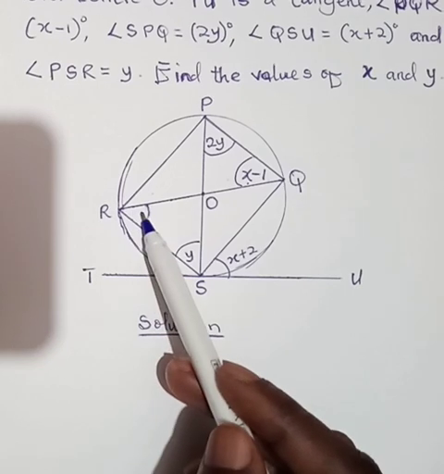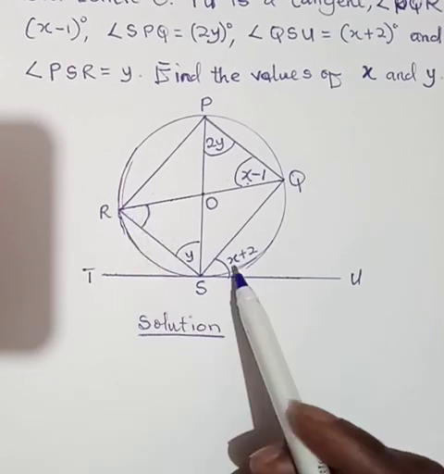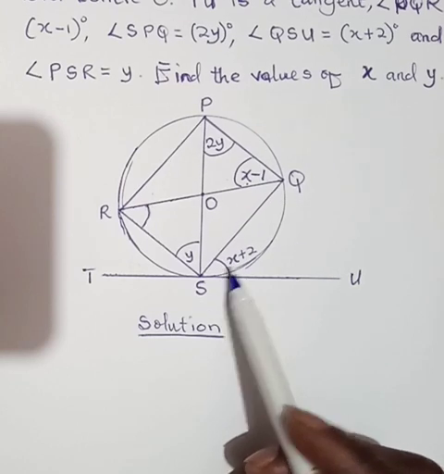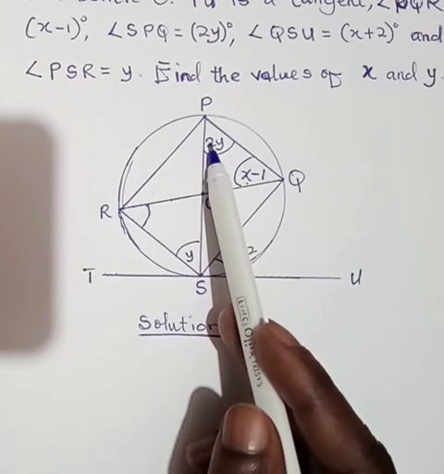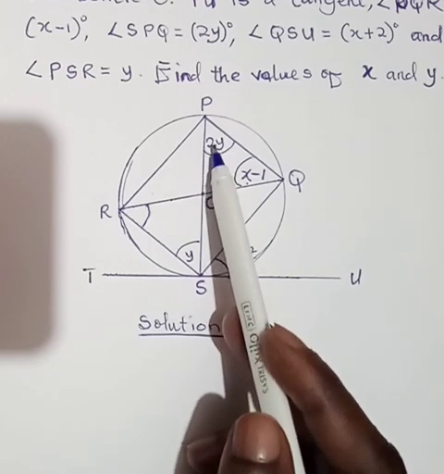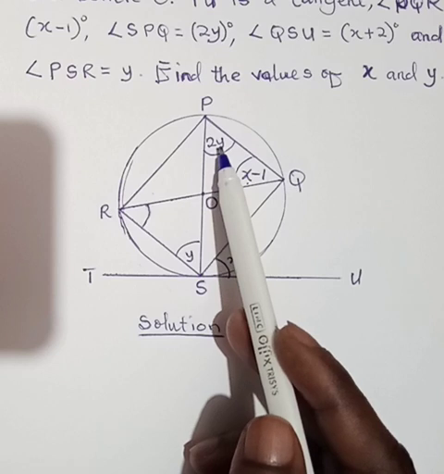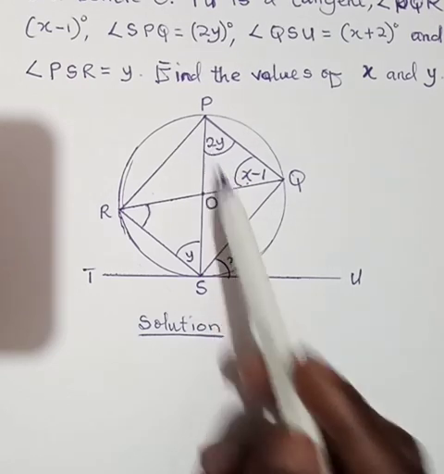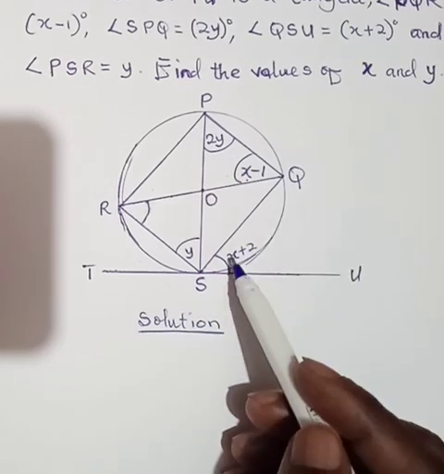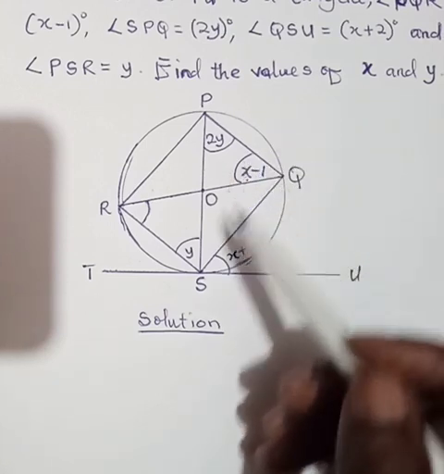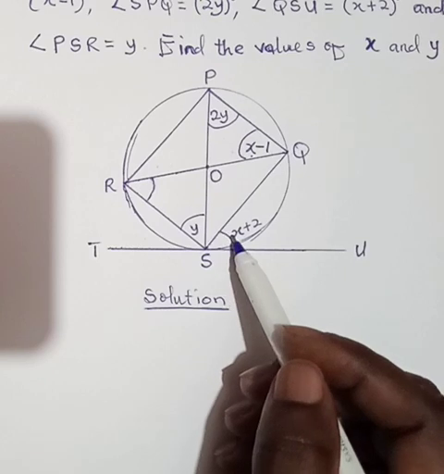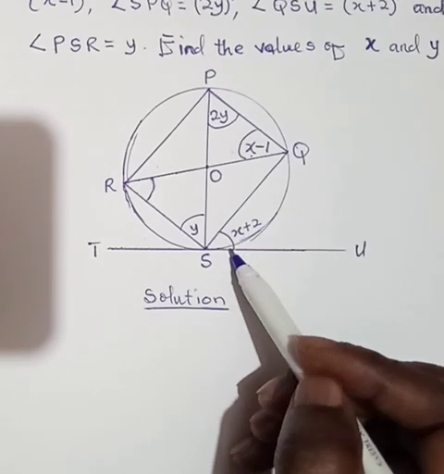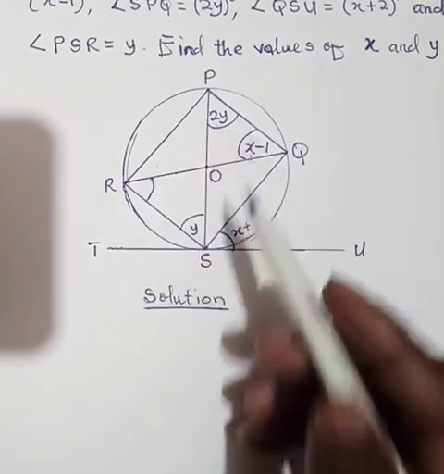The same thing, we can say this angle is also alternate to this angle. That property states that they should be equal. So if we develop this idea, this whole angle should be equal to this.